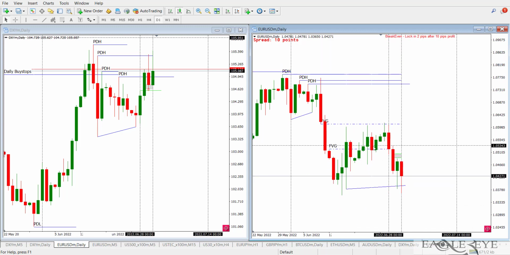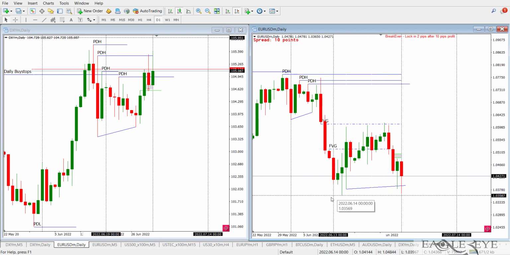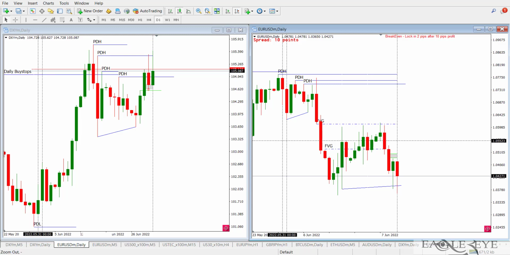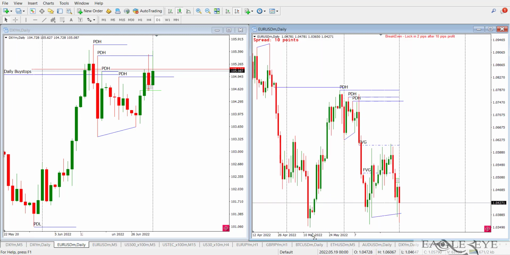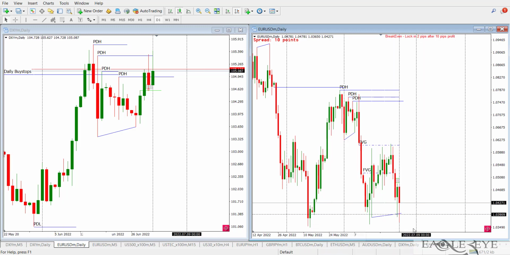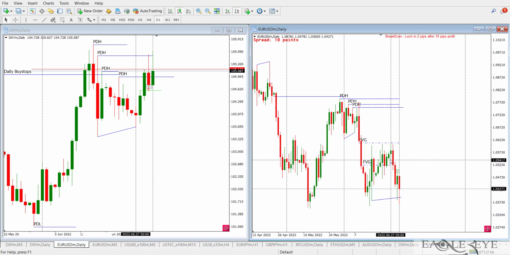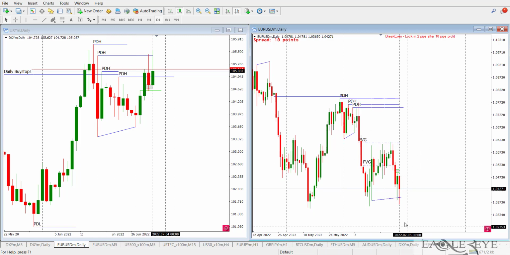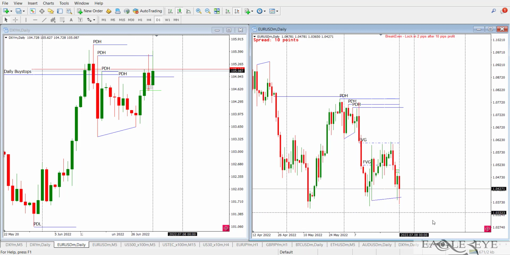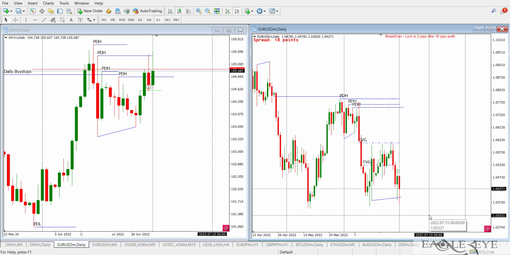So for the coming week, I'm still expecting this low to be taken out, and then probably these lows to be run out aggressively. We can expect some kind of retracement back into the range from this high to wherever price would have its turning point, probably around 1.03 to 40, about somewhere here.